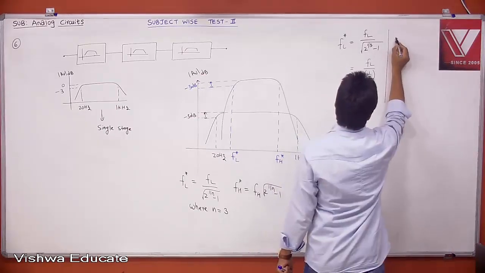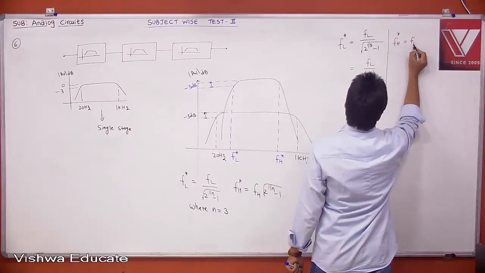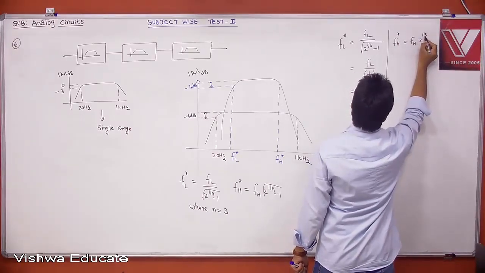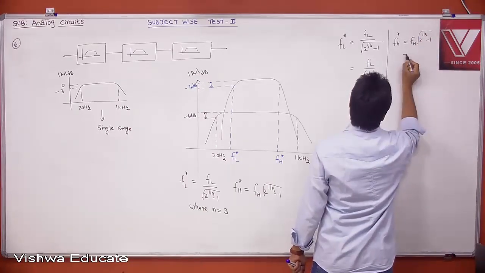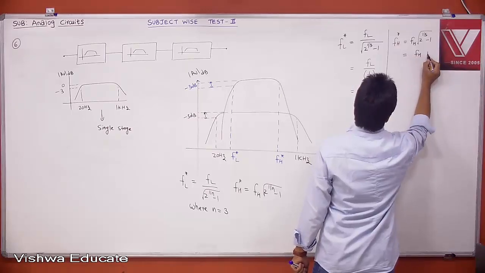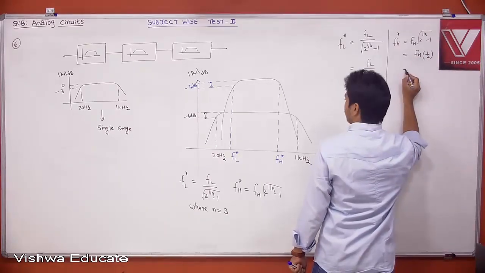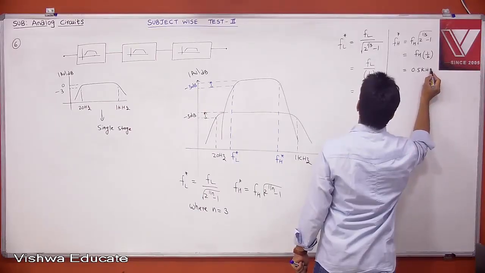Similarly, your FH star is FH into 2 to the power of 1 by 3 minus 1. Again this is nothing but FH into 1 by 2, which is 0.5 kilohertz.